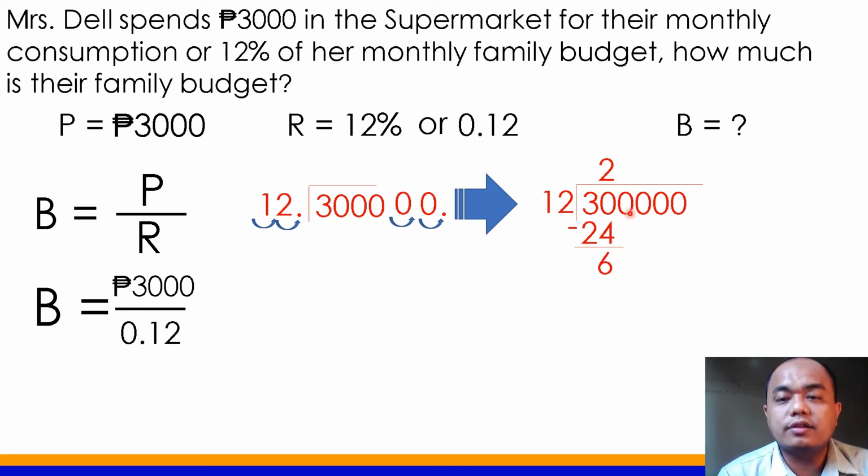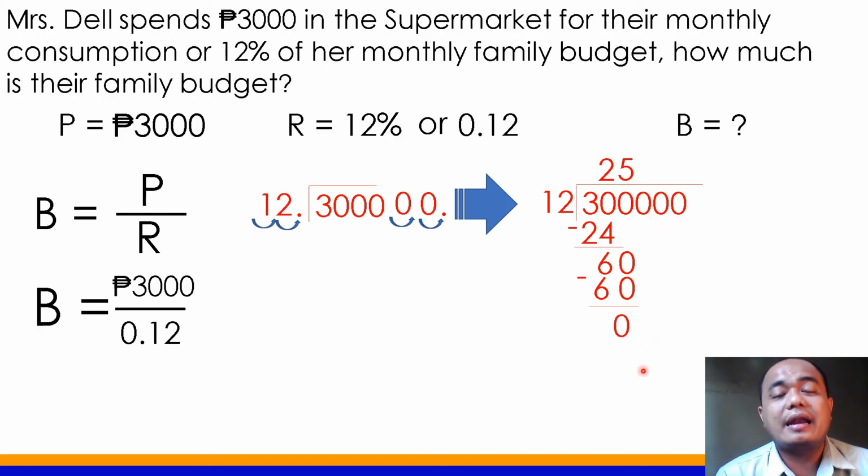So of course, bring down tayo ng isang 0 to make it 60. So 60 na ang i-divide natin. 60 divided by 12. Yes, that's 5. Very good. 5 times 12 ay magiging, correct, that's 60. So 60 minus 60 ay 0. So 0 na, class, and no need na to bring down all of this 0 kasi nga 0 na ang lalabas.